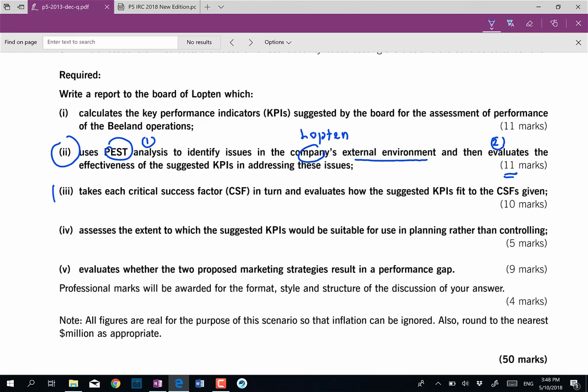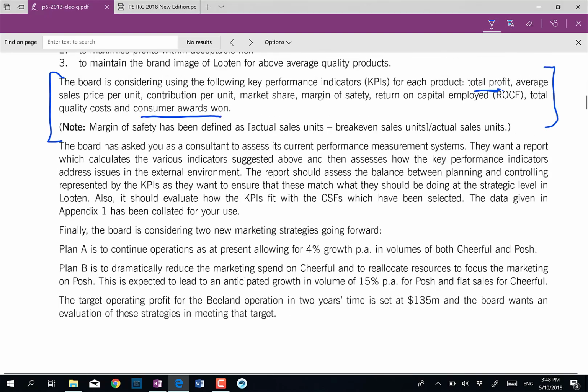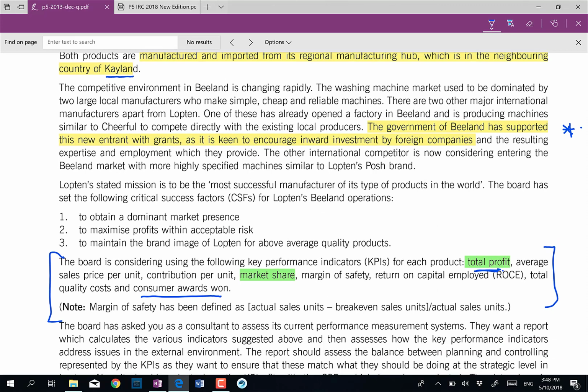Now I would like to look at part 3 as well. Take each critical success factor in turn and evaluate how the suggested KPI fits into the critical success factor. So we have 3 critical success factors here.